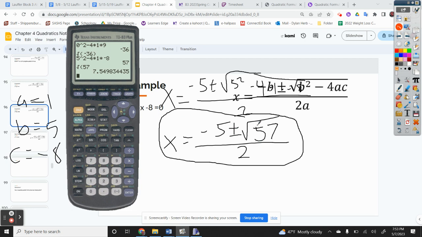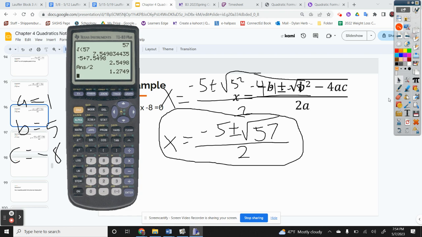If you have to approximate what the number is, you could do negative 5 plus, and then you could use this decimal to approximate. So if I needed to find out what these two solutions were, I could do negative 5 plus the square root of 57, which is this 7.5498, and then divided by my 2 that's in my solution there.